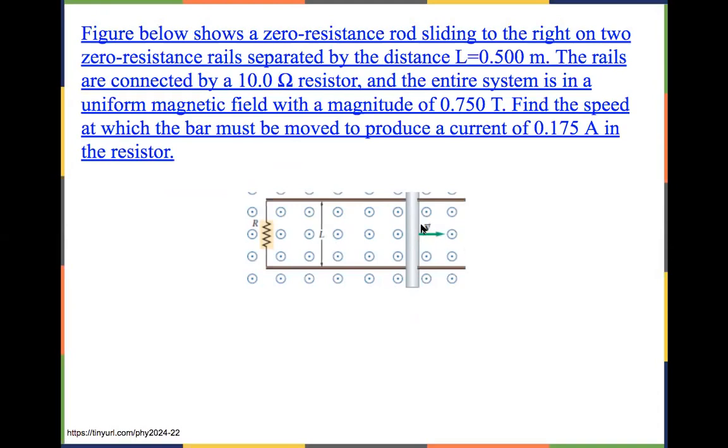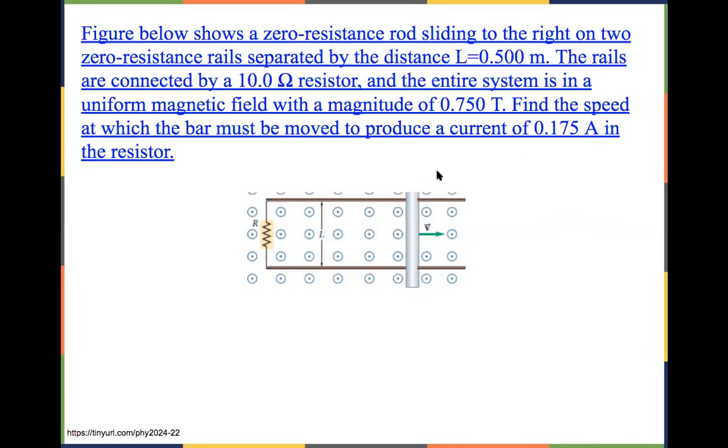The length of the rod, or the separation of the two rails, is 0.5 meters. This resistor is 10 ohms. The uniform B field is 0.750 Teslas. It's asking you to find the speed V at which the bar must be moved to produce a current of 0.175 amps in the resistor.